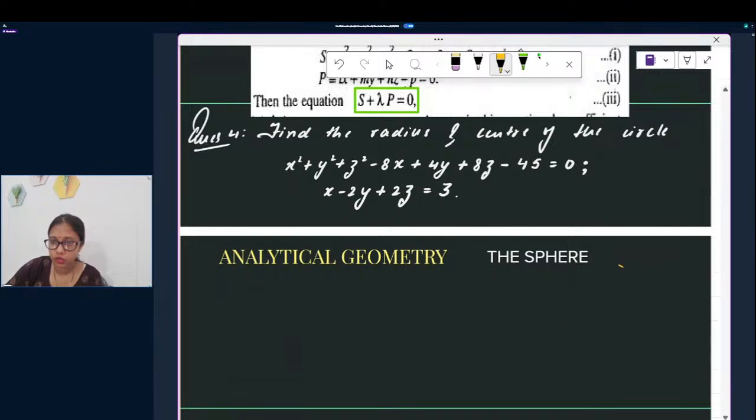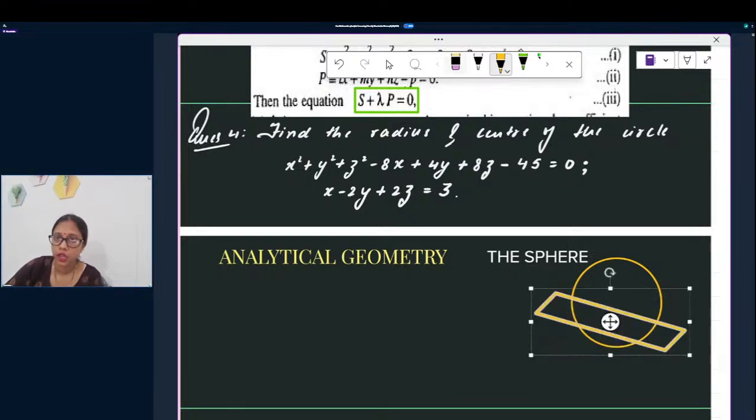That is your sphere and that is the plane of intersection, and this is the circle of intersection that we are referring to. I have to find its center and its radius.